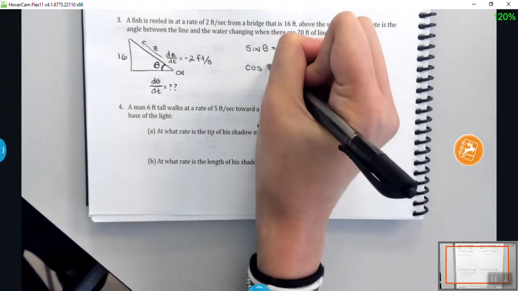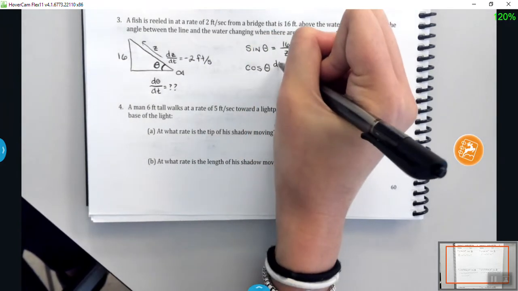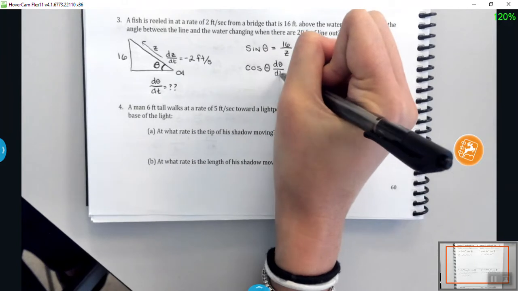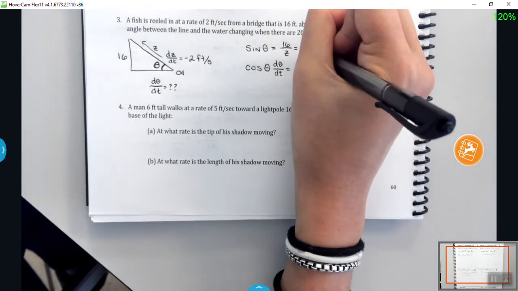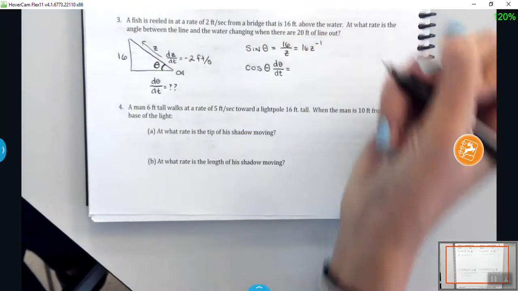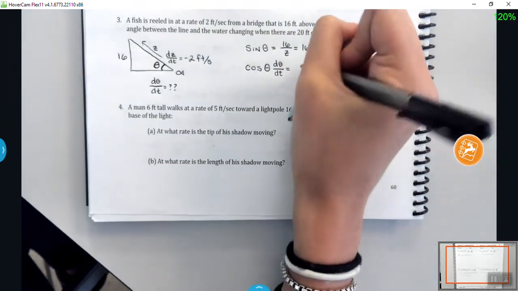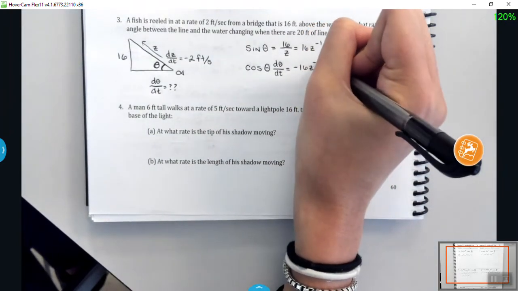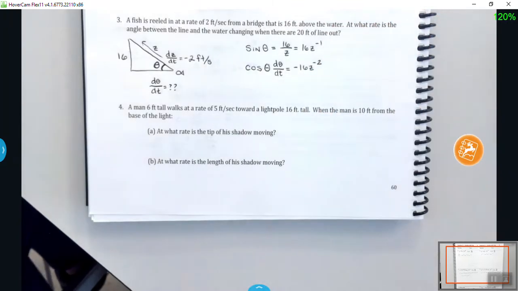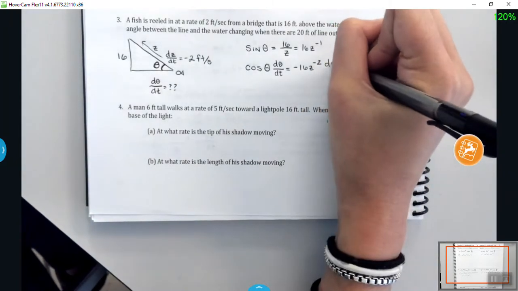Cosine theta d theta/dt equals, let's make this 16 z to the -1, so the derivative is -16 z to the -2 dz/dt.